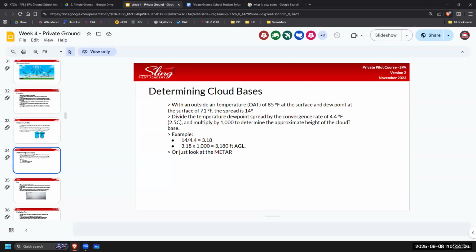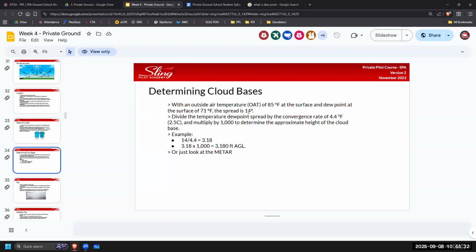Does that make sense? First, you find the spread, but that's the difference between the dew point and the outside air temperature. In this case, it's 85 and 71 degrees Fahrenheit, so the difference between that is 14 degrees. We're using Fahrenheit, so we use the standard convergence rate of 4.4 degrees Fahrenheit.